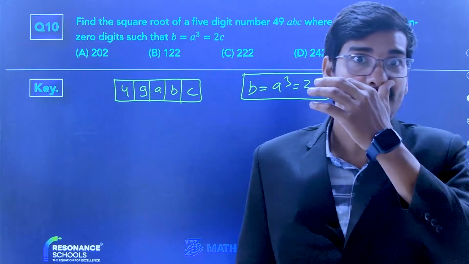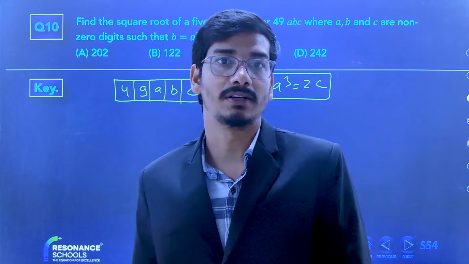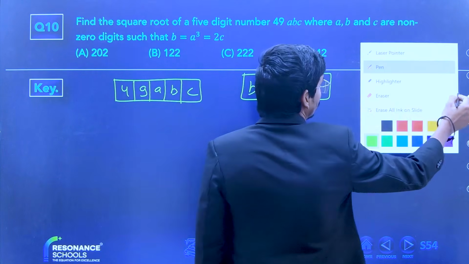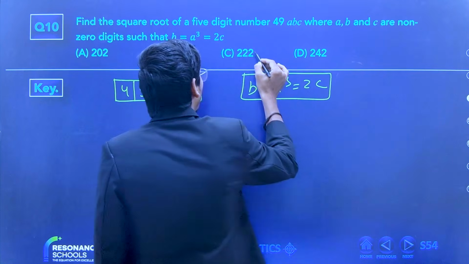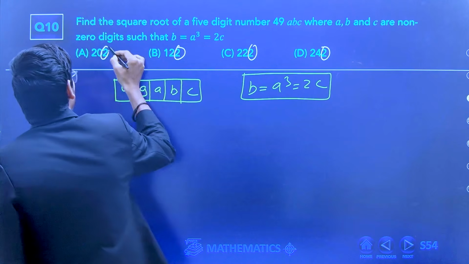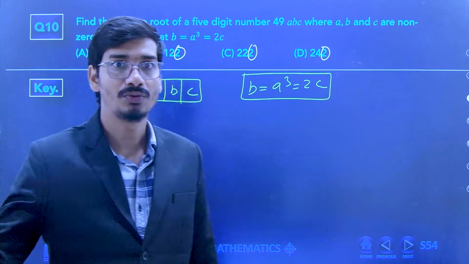Okay. So if you see the options, all options have unit place 2.